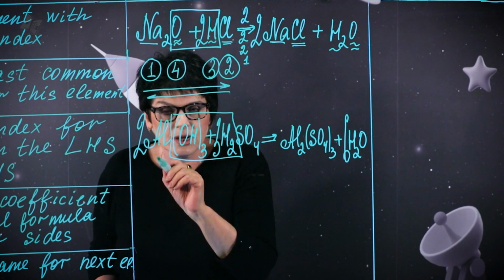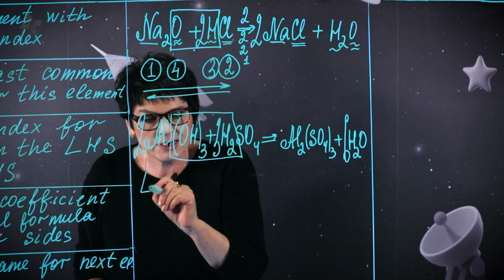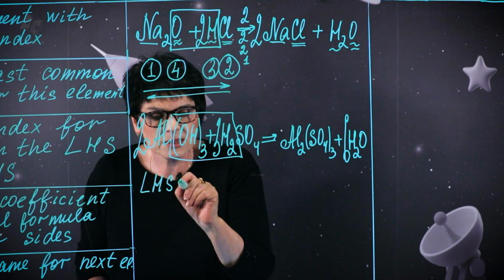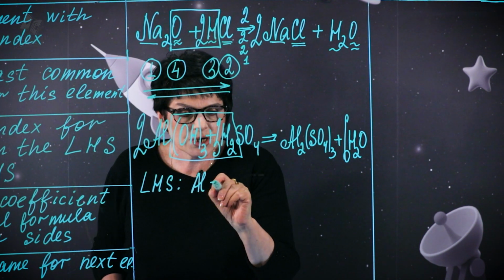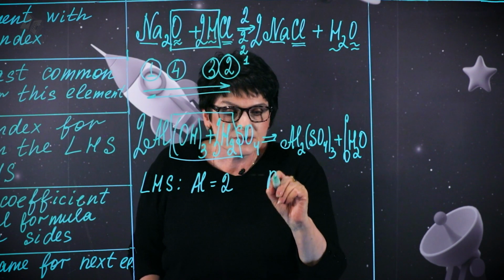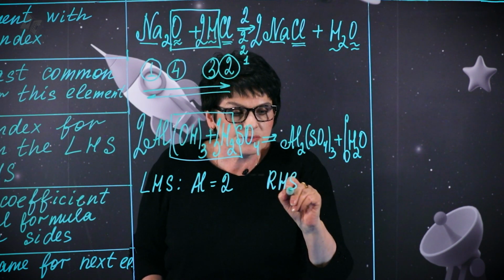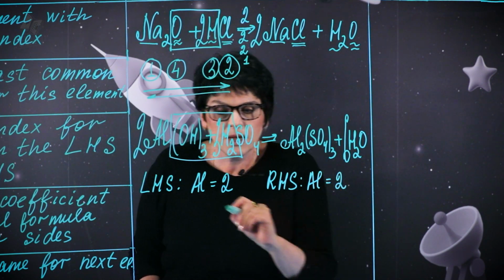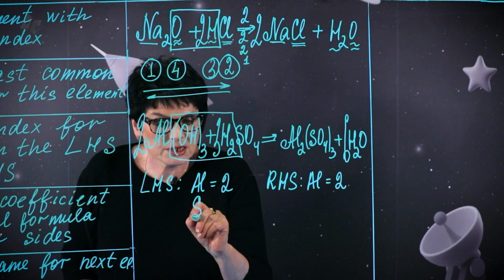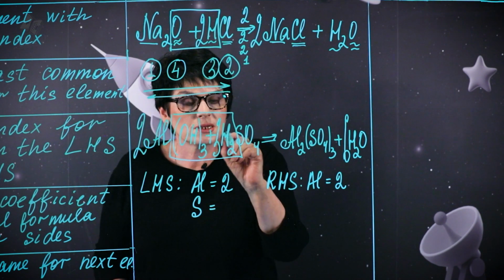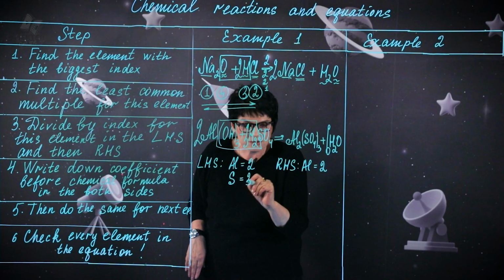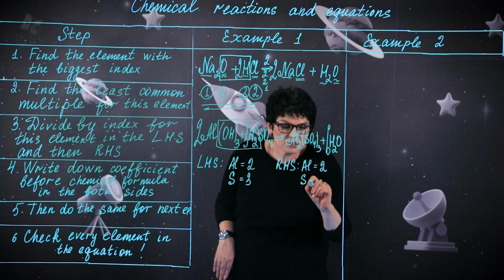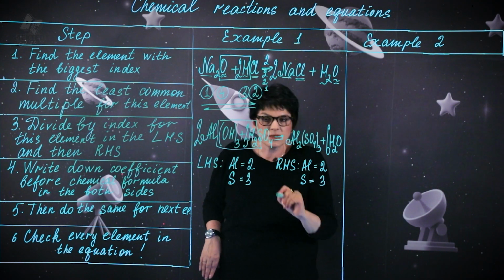In such complex equations, in my opinion, it is very convenient to double check. On the left side, we have aluminum, which is equal to 2. On the right side, we also have aluminum, which is also equal to 2. Following that is sulfur. On our left side it has a value of 3, and on the right side, it is also 3.